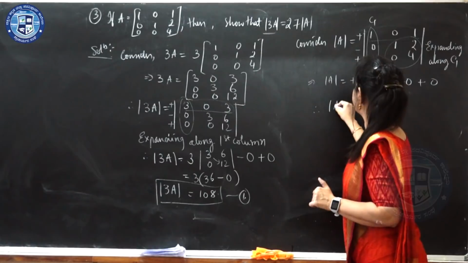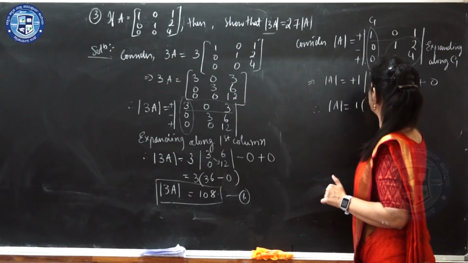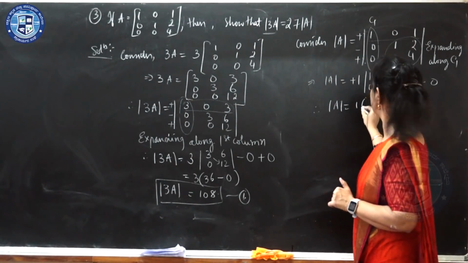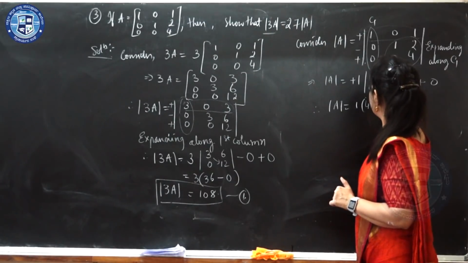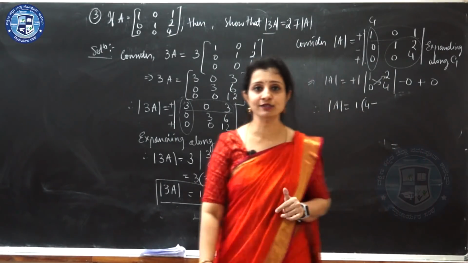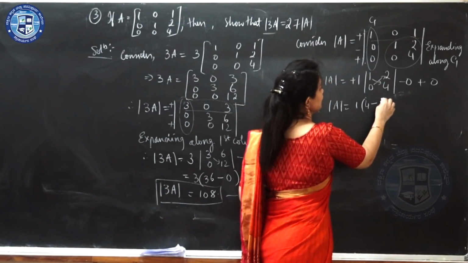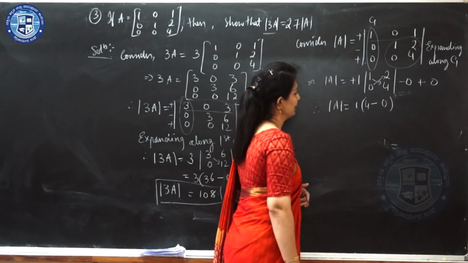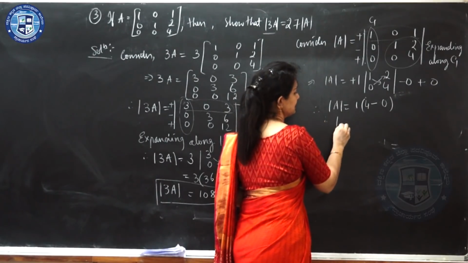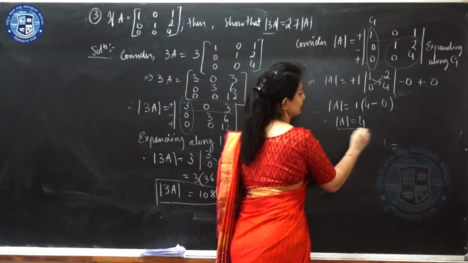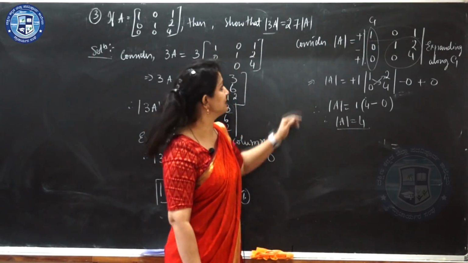Therefore, what is determinant A? Equals 1 into, cross multiply, 1 into 4 is 4, minus the diagonal elements when you multiply, it is 0 into 2 is 0. So what is the value of determinant? Determinant A is equal to 4. Now what is RHS?